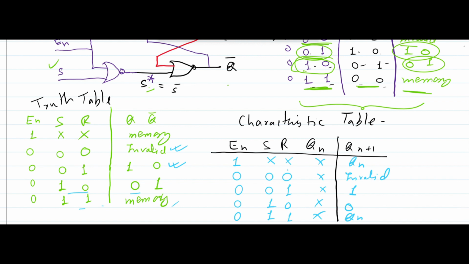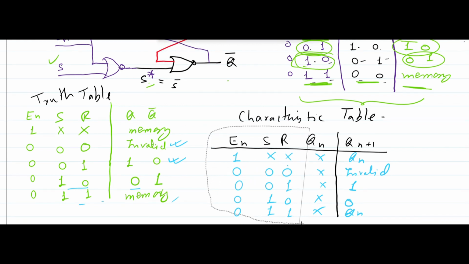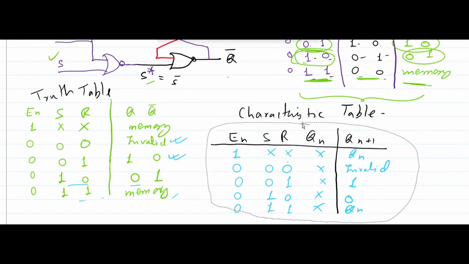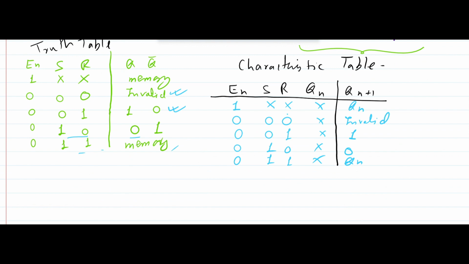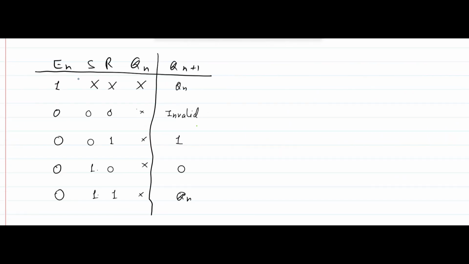Now using this characteristic table, we can identify the excitation table. For the excitation table we will use this characteristic table. So now I'm going to draw the excitation table, and this is the characteristic table that I have written.